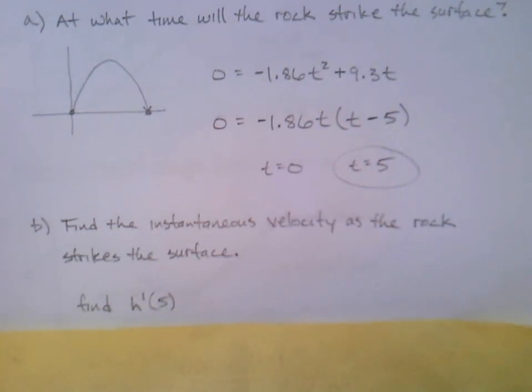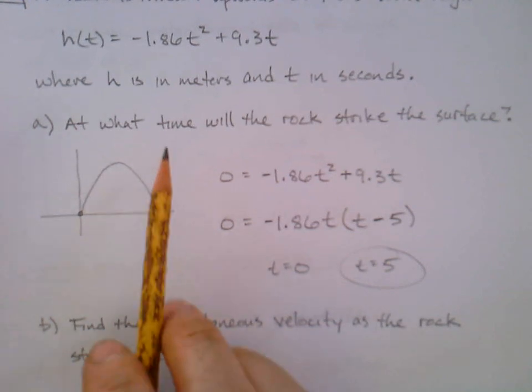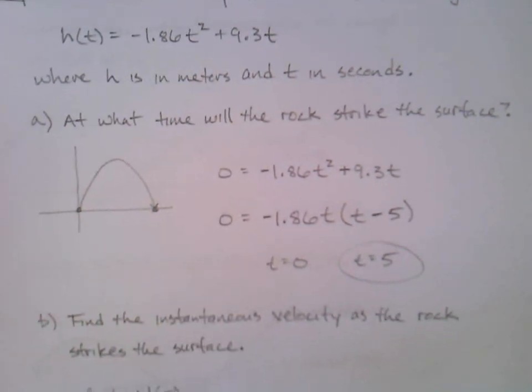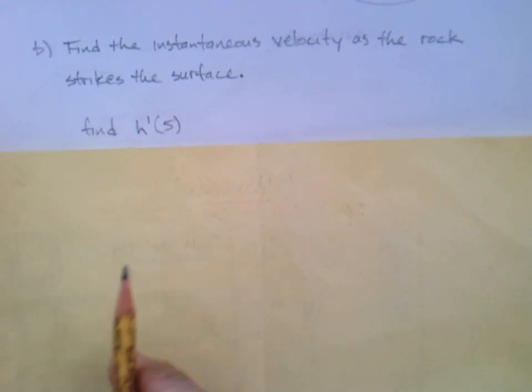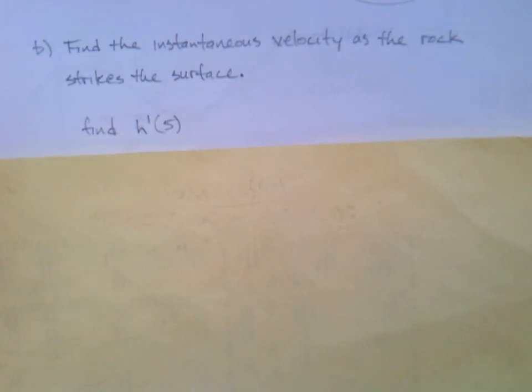So if you remember, I took it off the screen, but there's h of t. When we go to find this derivative, feel free to use either formula you like that we learned in this section. That's even going to be true on quizzes and tests. So I'm not going to specify which of those two formulas you need. You're always free to use either one.